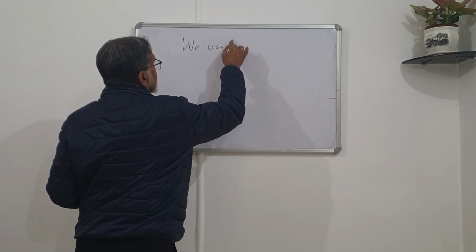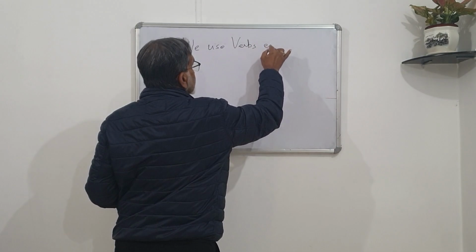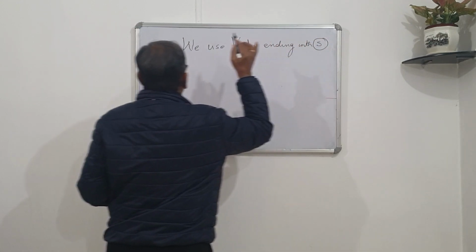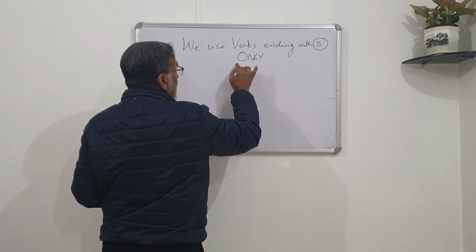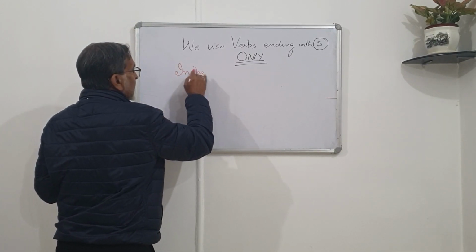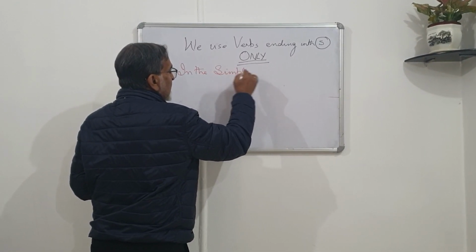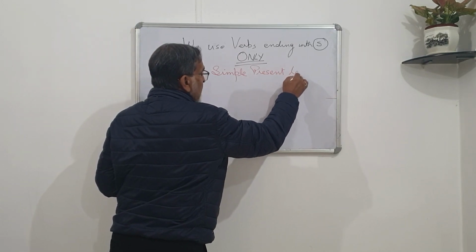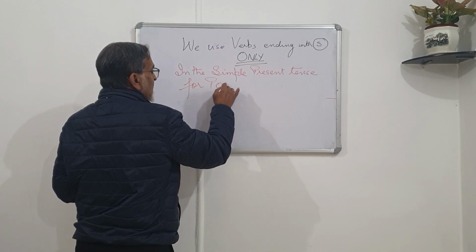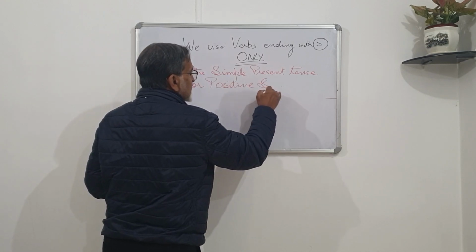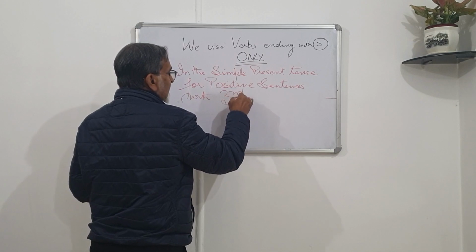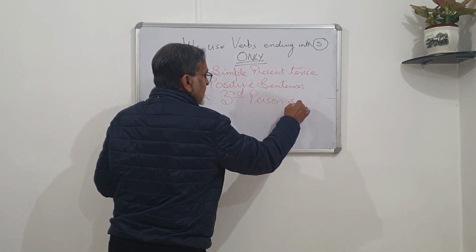We use verbs ending with S only in the simple present tense for positive sentences with third person subjects.